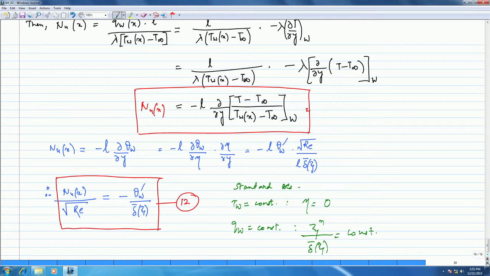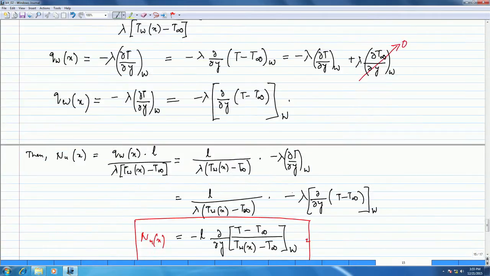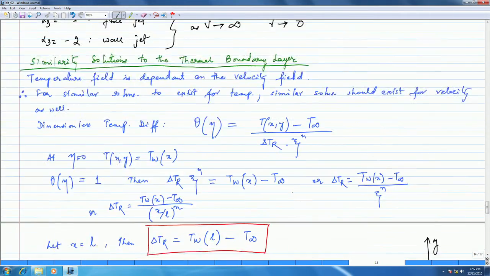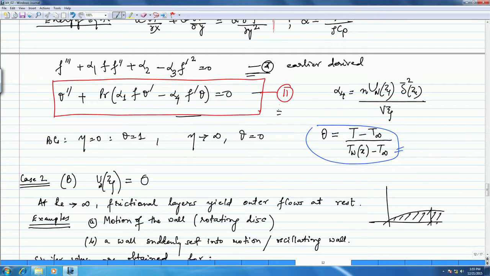So what was equation 11? Let's go back and look. Basically this is equation 11, and this is equation 4, which has been derived earlier.